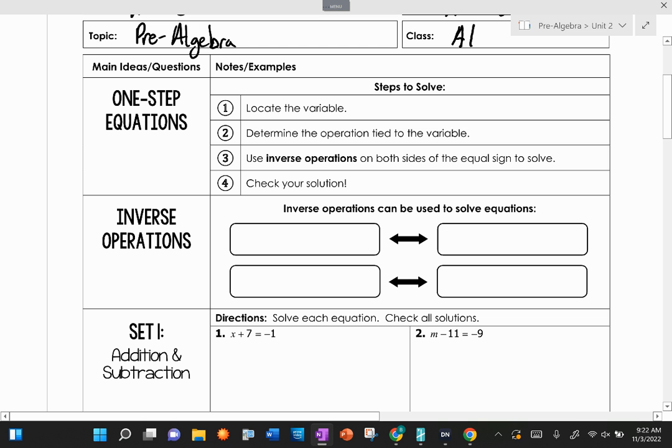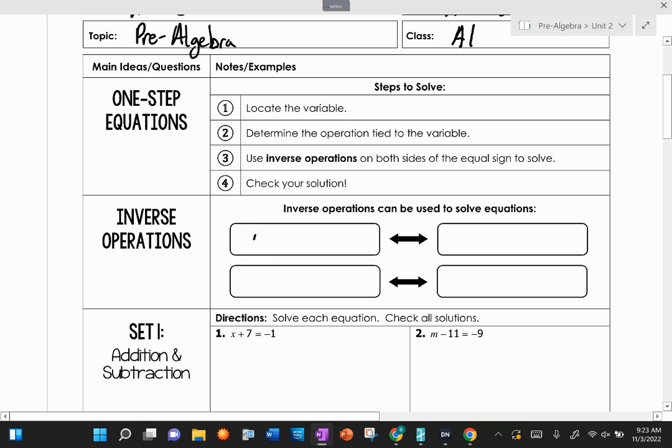Now, what are the operations that we are accustomed to? So if I asked Gus what the opposite of addition is, what would you say? Gavin, what is the opposite of division? Those are inverse operations of each other.